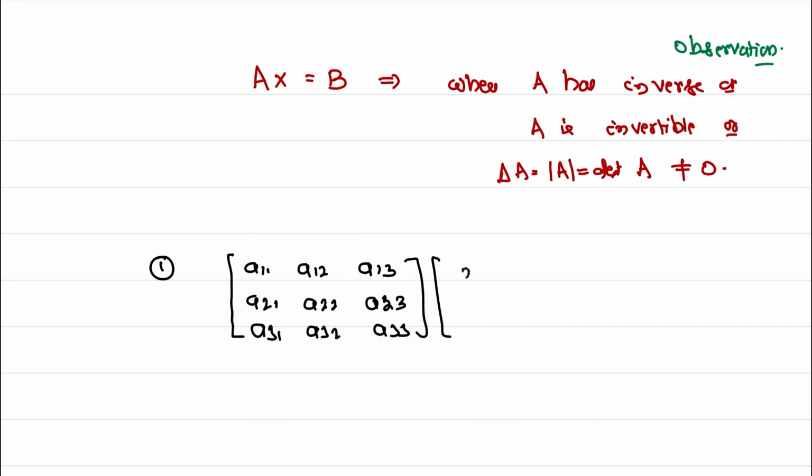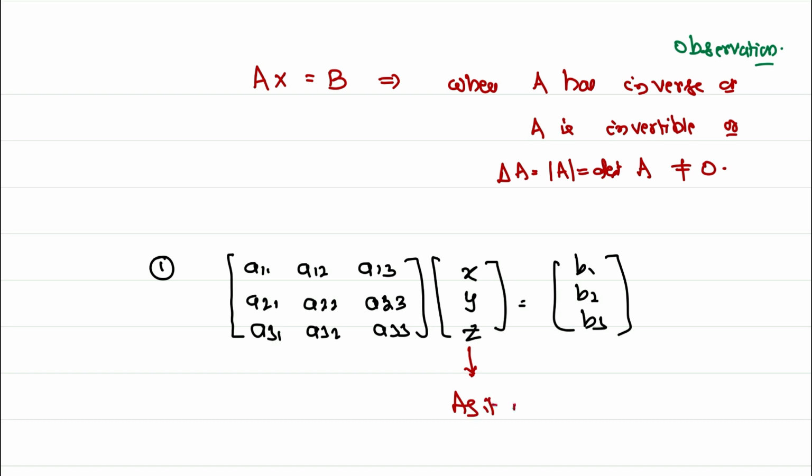Given simultaneous equations, let us write like this, that is equal to B1, B2, B3. Keep this as same as it is during elementary operations, because x, y, z are variables.